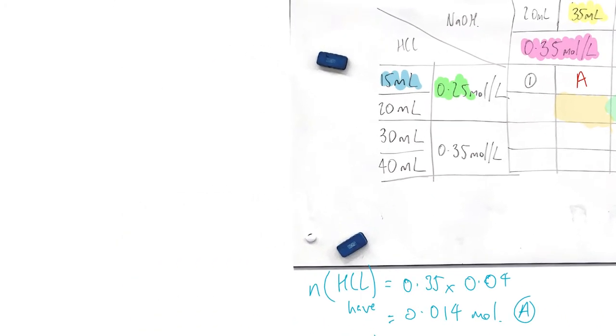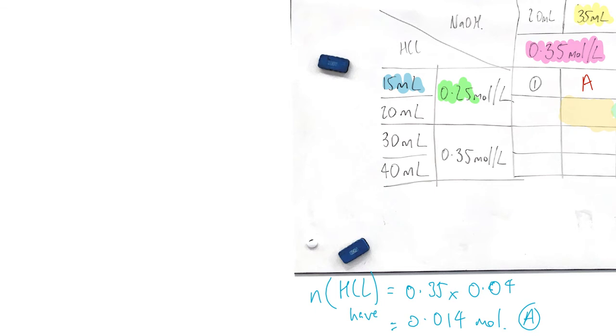So we have to work out the number of moles of each. So the number of moles of NaOH will be equal to 0.35 times 0.035, which is equal to 0.01225 mole.